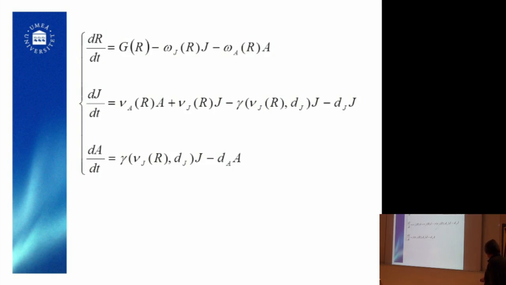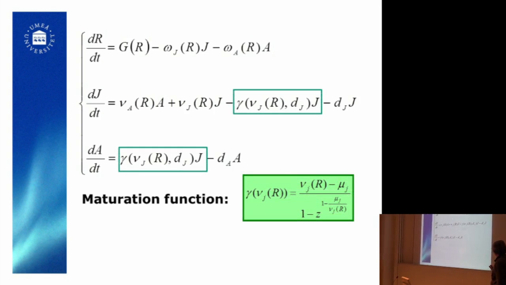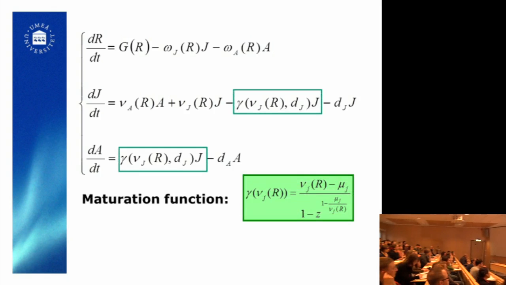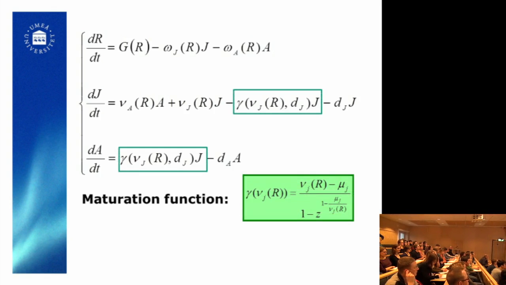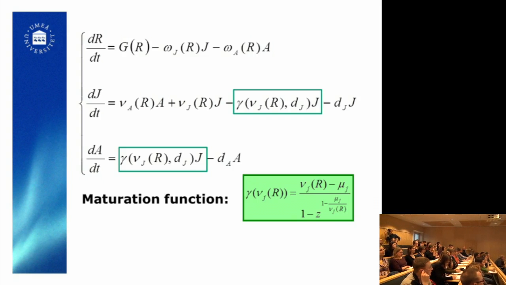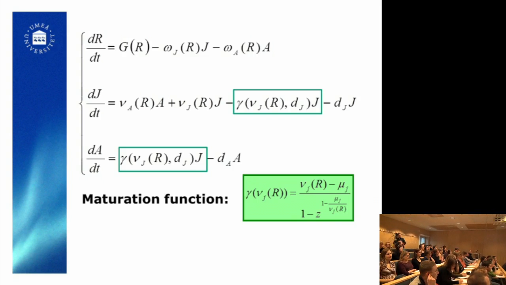Now the population equations become a bit more complex, but not that much. We have a growth of a resource minus a consumption of juveniles and adults, separated here. We assume that adults only reproduce, and that means that the net production of adults goes into juveniles directly. Then the juveniles are growing with this equation. They mature into adults, which is this equation minus, and of course it appears as a plus in the adult equation.